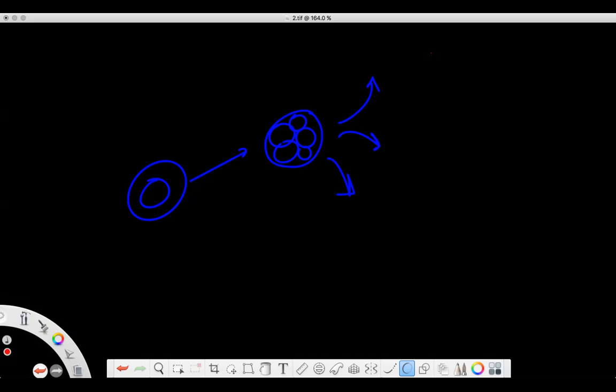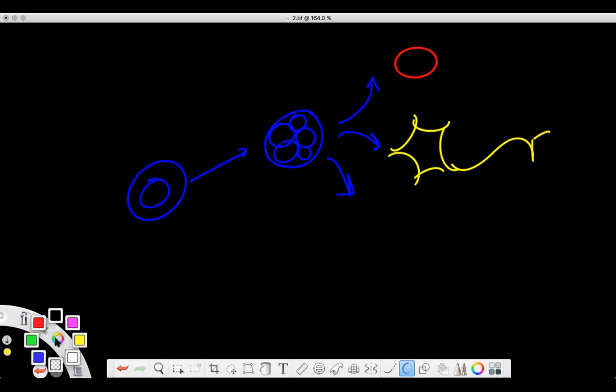After that, we should also understand how one cell differentiated into a red blood cell, one cell differentiated into nerve cells, and one cell differentiated into muscle cells. Except for the red blood cells, they have a nucleus. This nucleus has a complete number of chromosomes, and this original cell also has a complete number of chromosomes.